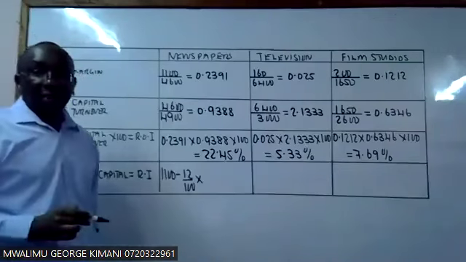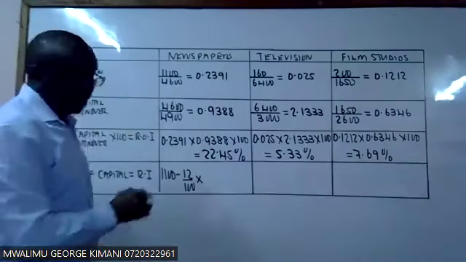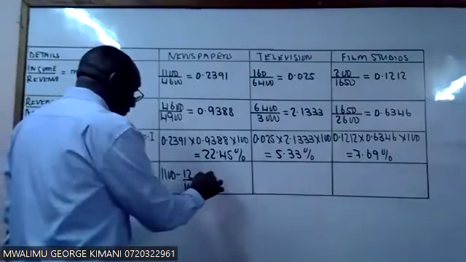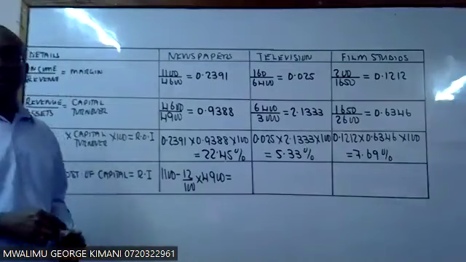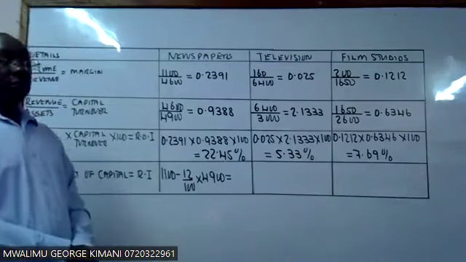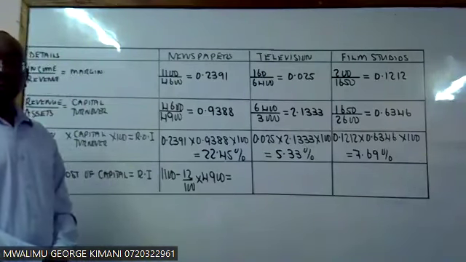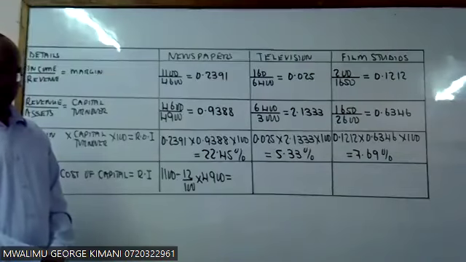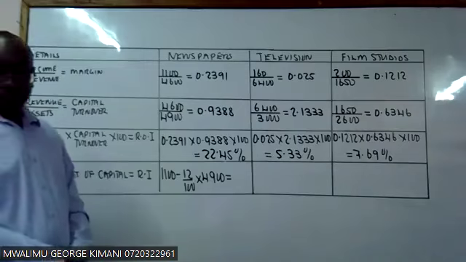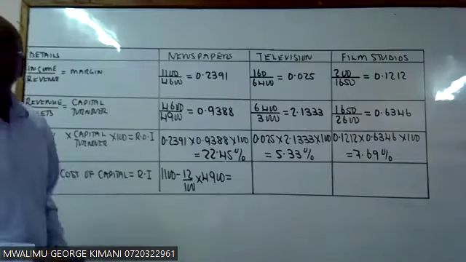Capital is represented by assets here, which are 4,900. Yeah, 512.